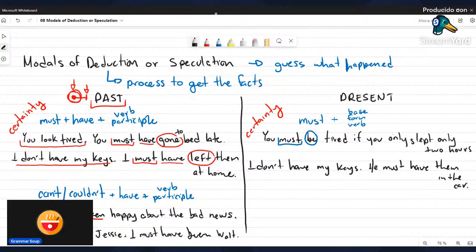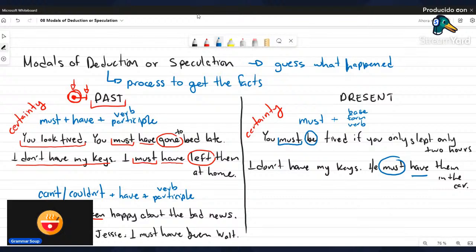Oh, and then you remember that is your friend or your roommate that is the one that has them, right? He must have them in the car. So right now, at this moment, he must have that. So as you can see, I'm making a deduction based on the evidence that I have. Like he usually does that all the time. So that's why you make that deduction.